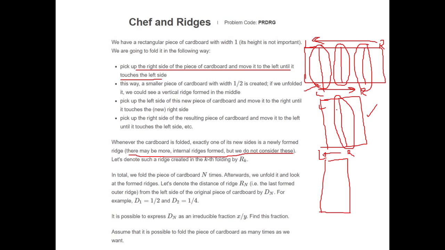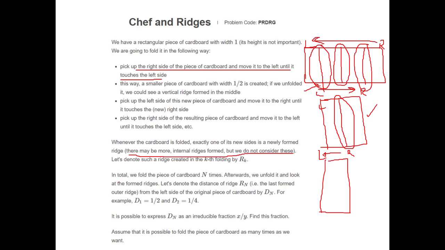If you hold the paper from the back side and open it, then this is the ridge which is formed when we have folded the paper the last time. That is the second time, and for the third time we'll be looking at this. For the fourth time we'll again be looking at the last ridge which is formed at the time of folding.